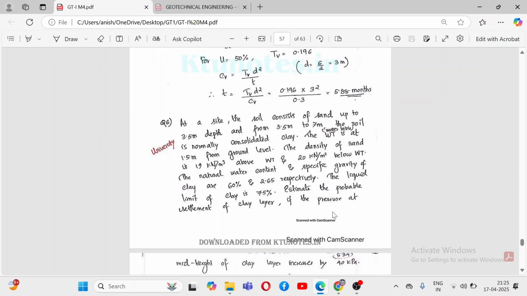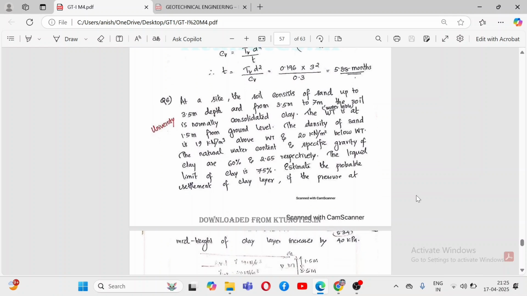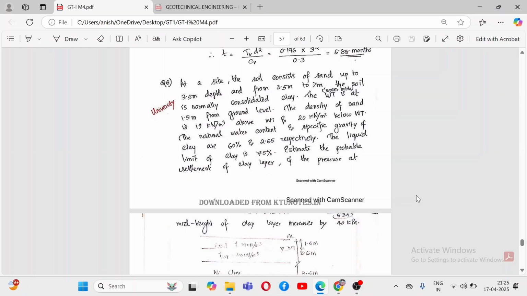At a site the soil consists of sand up to 3.5 meter depth, and from 3.5 meter depth to 7 meter, the soil is normally consolidated clay. The water table is at 1.5 meter from ground level.